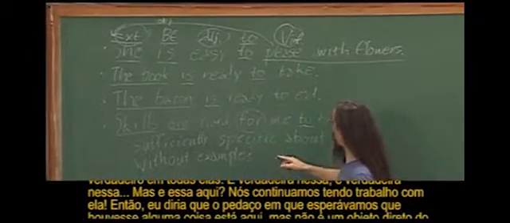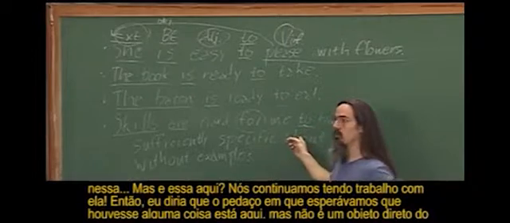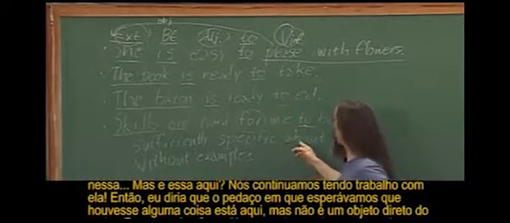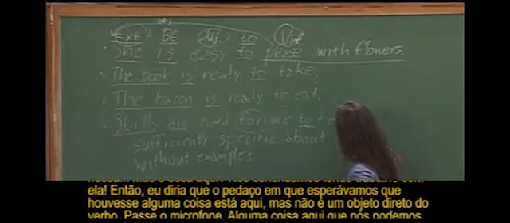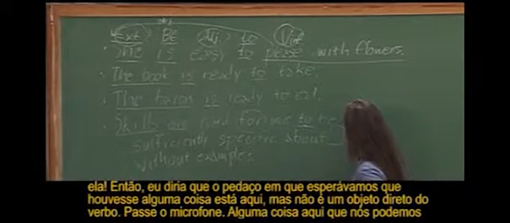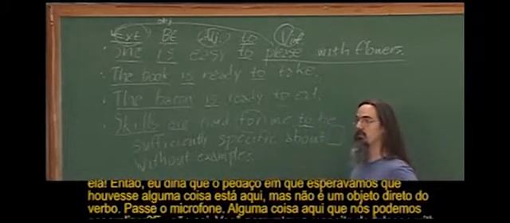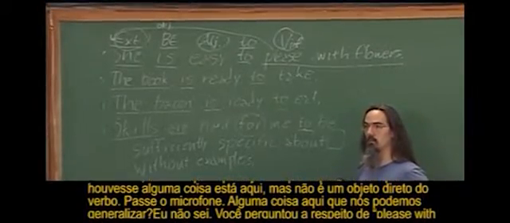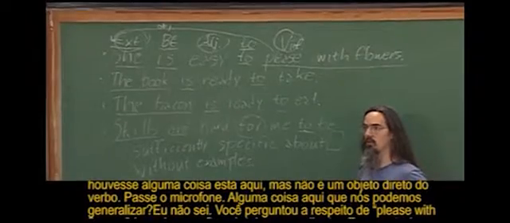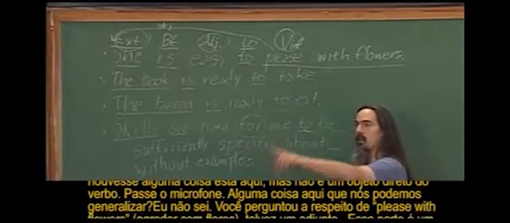It's true of this one. But what about this one? We keep having trouble with this one. So I will say that the spot that you would expect something is there, but that's not a direct object of the verb, right? Okay? Pass the microphone.